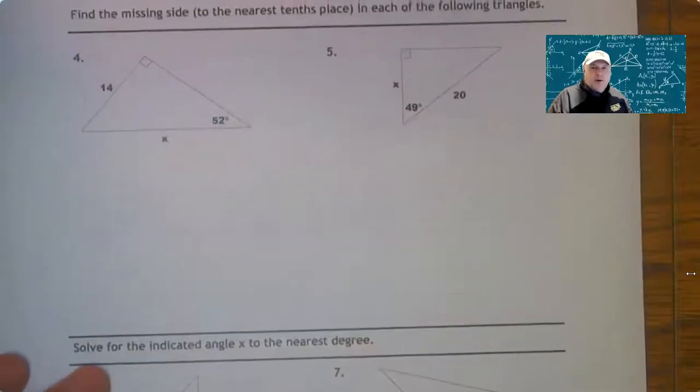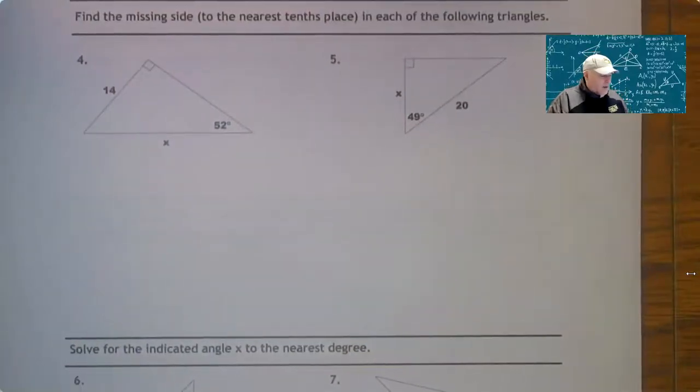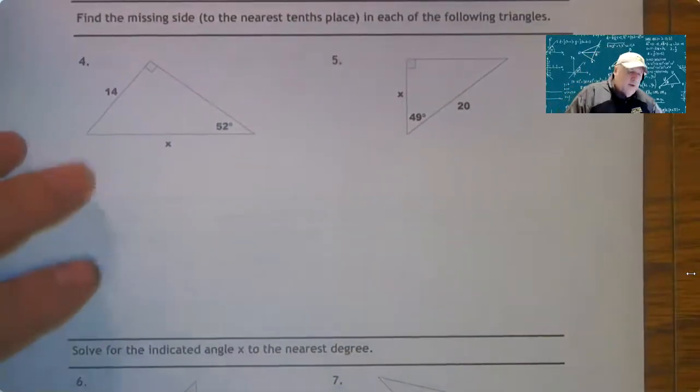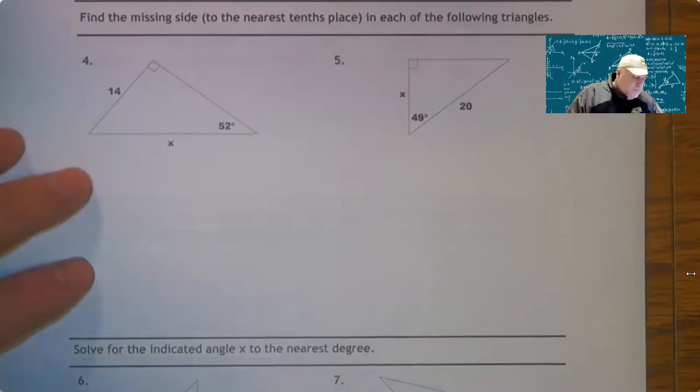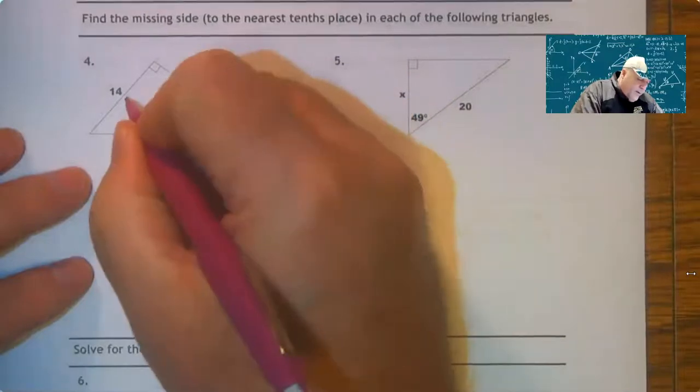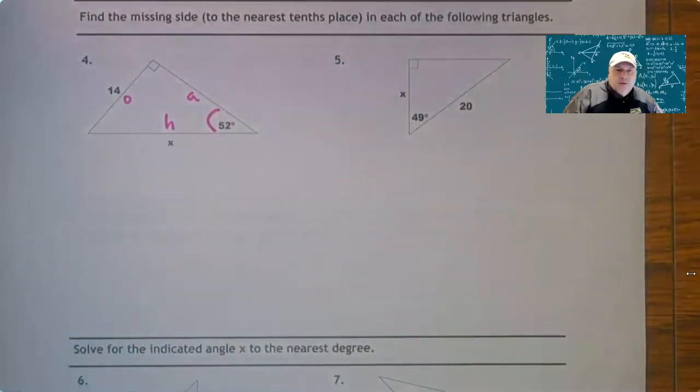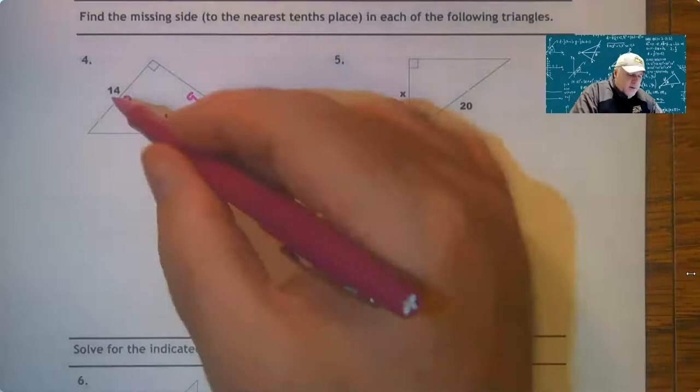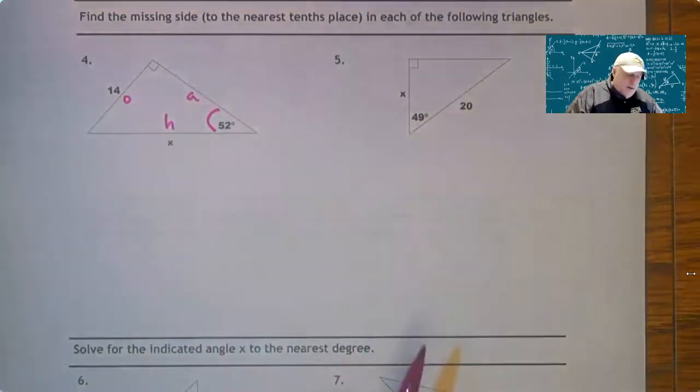This whole page is about solving for a missing side or a missing angle using right triangle trig. Okay, adjacent, hypotenuse, opposite. So this is going to be a sine because we have the O and the H with the 14 and the X on.